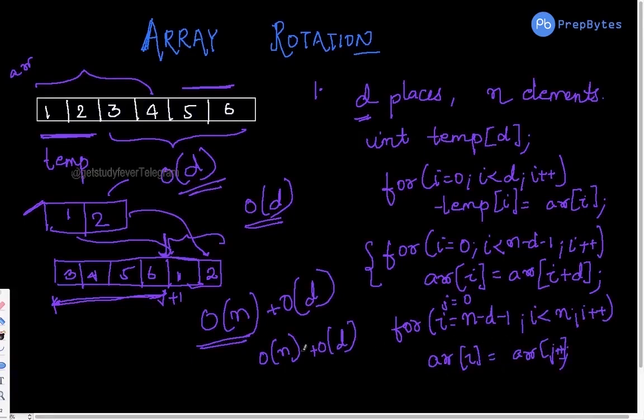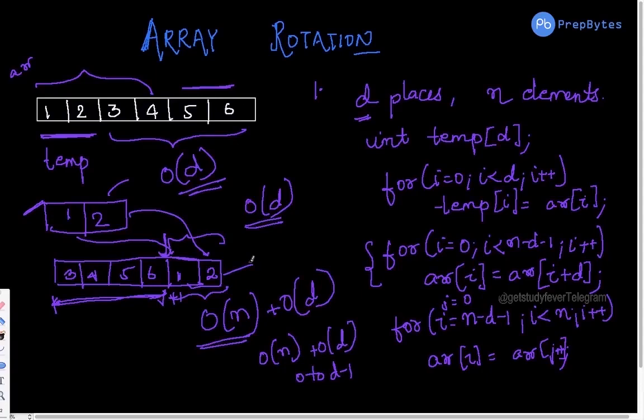So what will happen is that this j goes from 0 to d minus 1, and all the elements from this temp array are copied to this particular place. So this is how we can write code to rotate an array in which we are taking some extra space. We copy the elements to that extra space, then do the shifting and then copy back those elements to the original array.